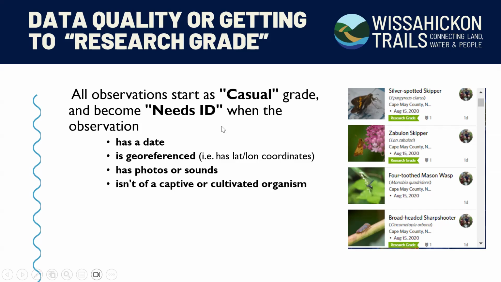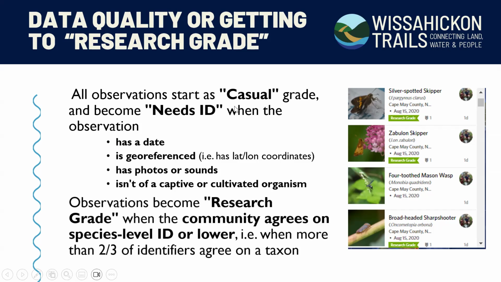I don't know what casual looks like, honestly, because I don't have any in there. I don't have any captive or cultivated organisms, and everything has the things it needs to get identified as a research grade observation. So observations become research grade when the community agrees on a species level identification.